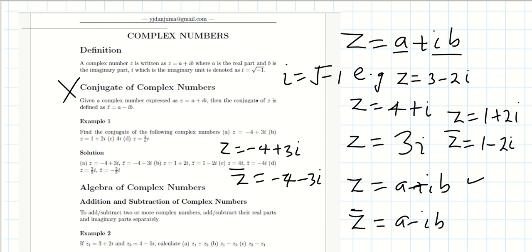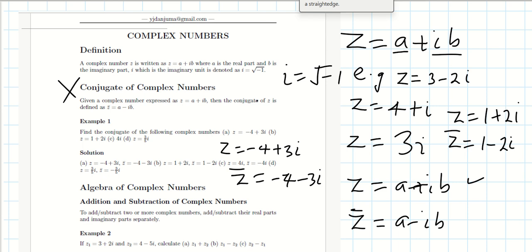So that gives you the definition: interchanging the sign attached to the imaginary part. For the c part, you can see it's 4i, and in the solution, you can see that it is minus 4i.